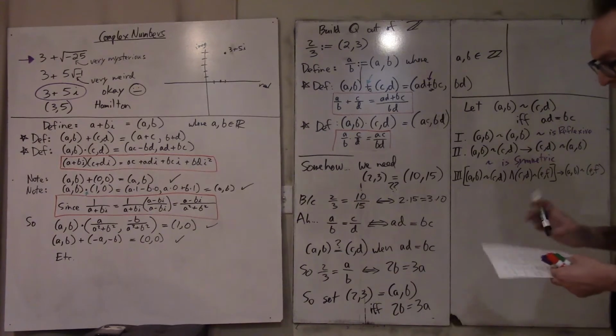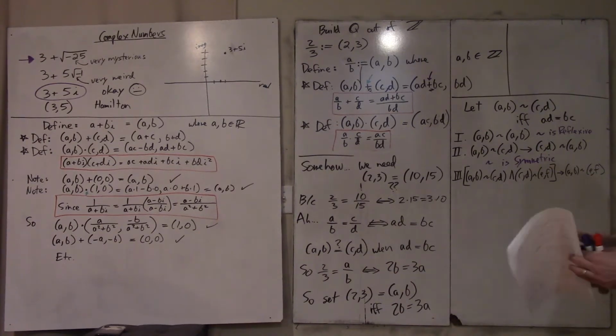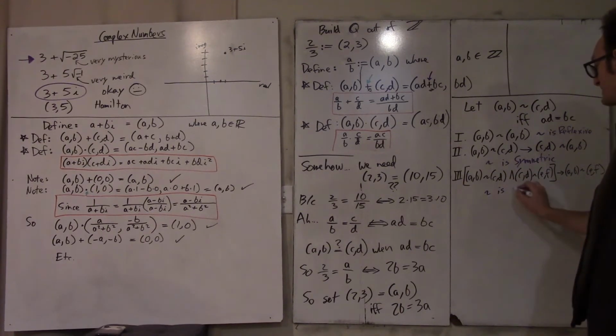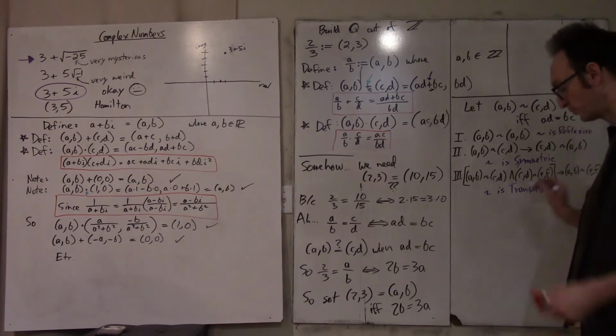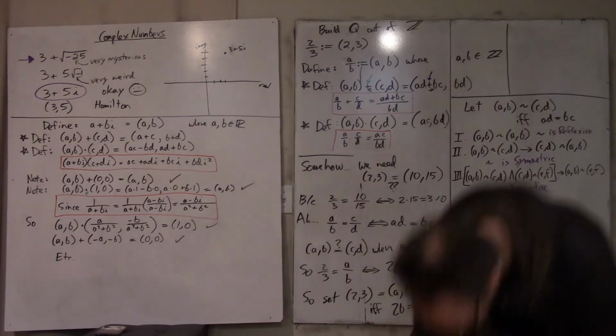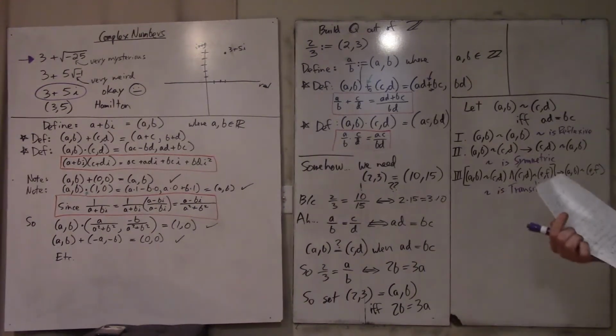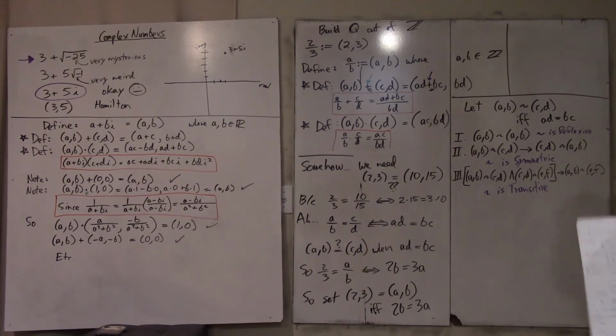And this is just a way of saying that this squiggle relation is transitive. In other words, I have proved that there is this reflexive, symmetric, and transitive relationship between ordered pairs of integers.